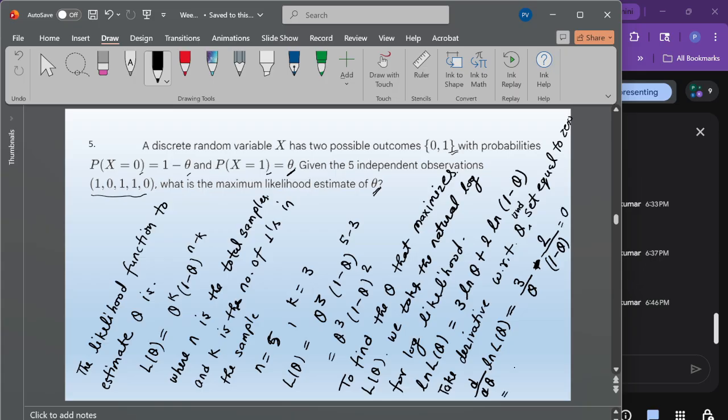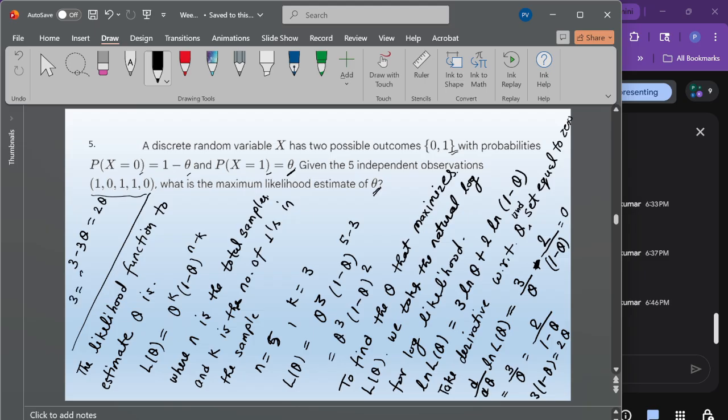So now 3 by theta is equal to 2 by 1 minus theta, right? So 3 times (1 minus theta) is equal to 2 theta. So 3 minus 3 theta is equal to 2 theta, right?